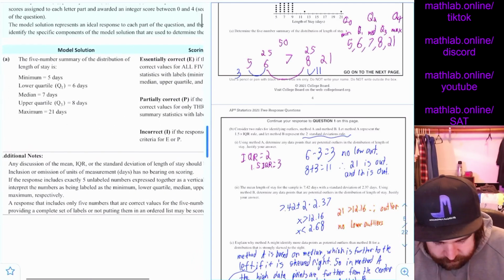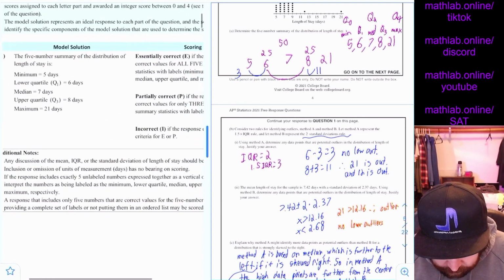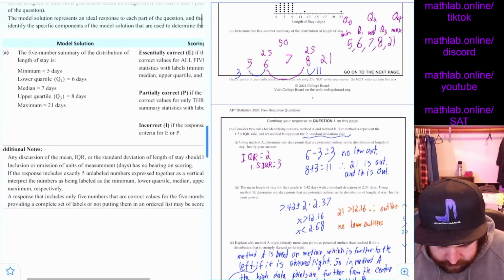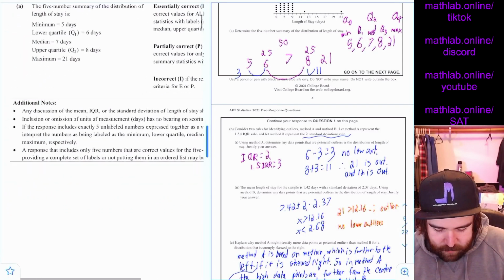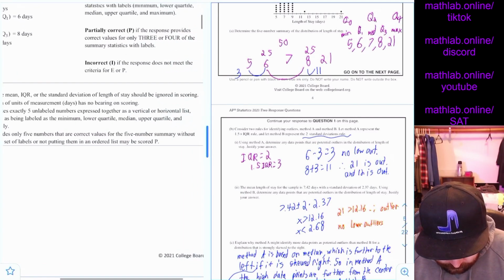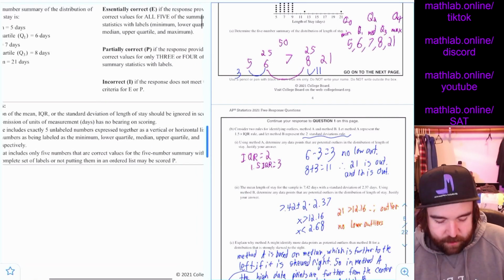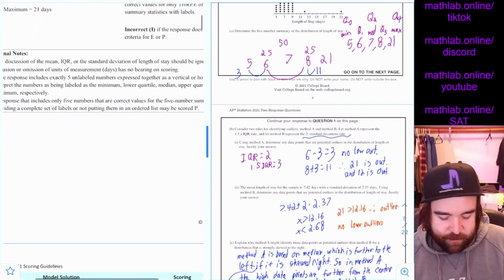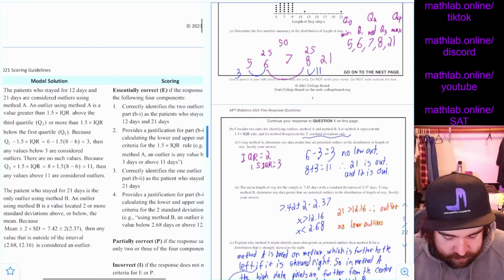If the response includes exactly 5 unlabeled numbers expressed together as a vertical or horizontal list, interpret the numbers as being the minimum, lower quartile, and so on. Oh, so you actually didn't have to label them if they were in proper order. You could put them in an ordered list. So if you just did it randomly throughout, you would get a P. But if you put it clearly in a list without labels, it was fine.